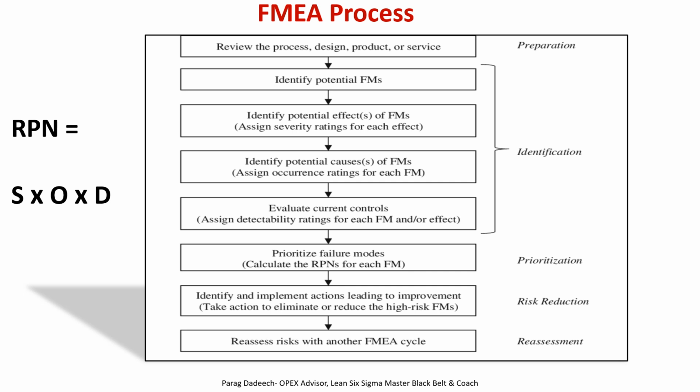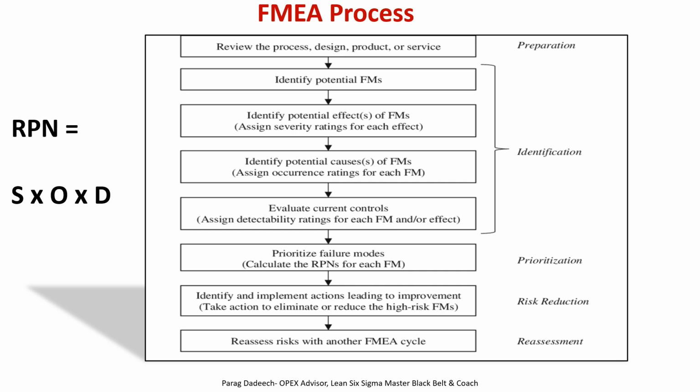We identify the potential effect of each failure mode and assign a severity rating for each effect. Then, we identify the potential causes of each failure mode and assign an occurrence rating for each failure mode.